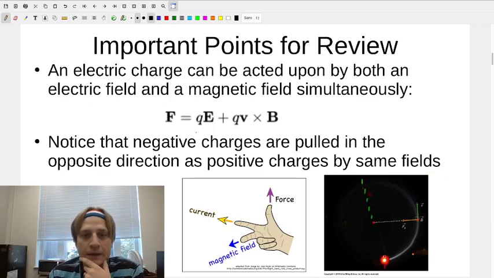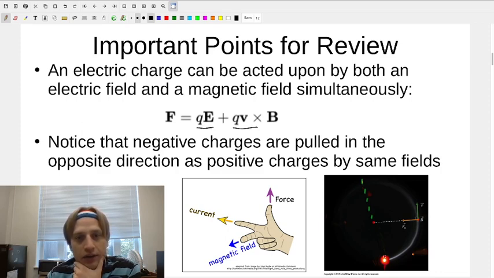Okay, so last time we talked about the Lorentz force equation. The Lorentz force equation is just an equation that says the total electromagnetic force on a particle is the sum of the electric force and the magnetic force on that particle.